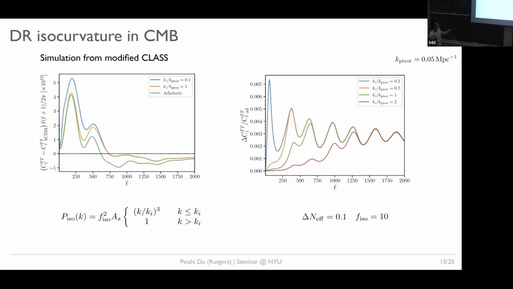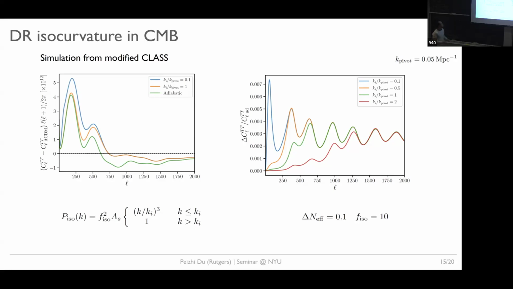First look at the green curve. The green curve is the model with adiabatic initial conditions and some amount of dark radiation, which in this case is 0.1 of Delta N_eff. So the green one is just the purely adiabatic contribution of dark radiation.